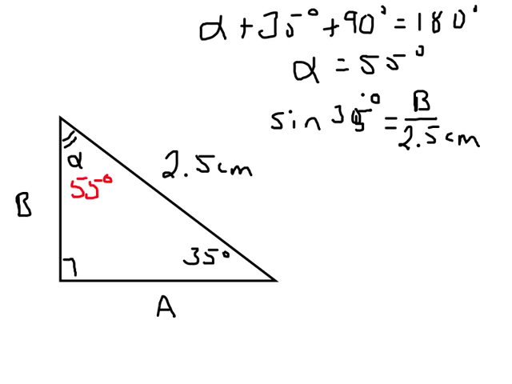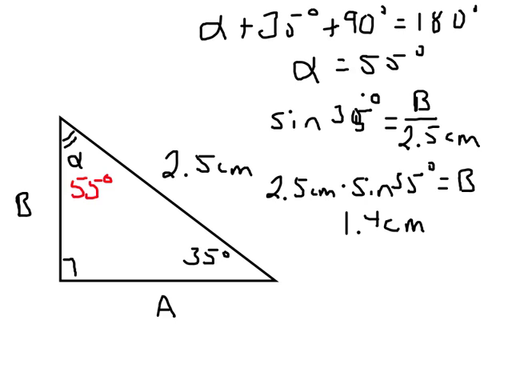Well, there's only one unknown in this, so I can solve it using algebra. I'm going to multiply both sides by 2.5 centimeters. So 2.5 centimeters times sine of 35 degrees has to be equal to side B. I can go ahead and put this in my calculator, and I find that side B is equal to 1.4 centimeters.